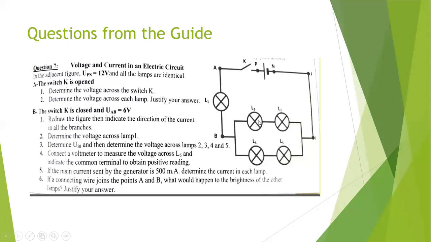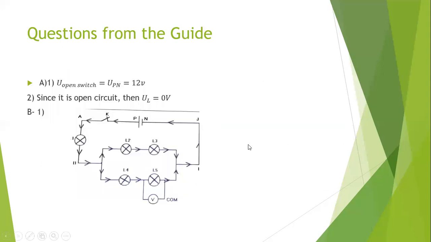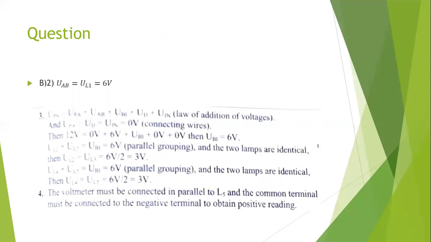As we see here, L2 and L3 are connected in series, and all of them are connected in parallel with these two lamps. So we can say, apply the law of addition of voltages: UPN equals UPA plus UAB plus UBI plus UIJ plus UJN, and UPA equals UIJ equals UJN equals 0 volt since they are connecting wires.